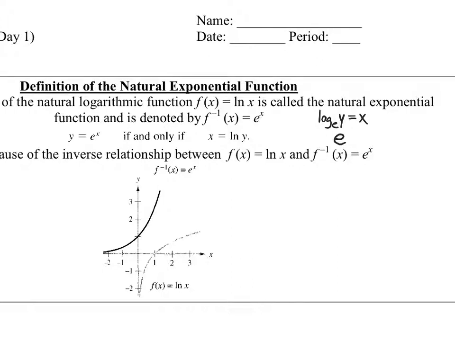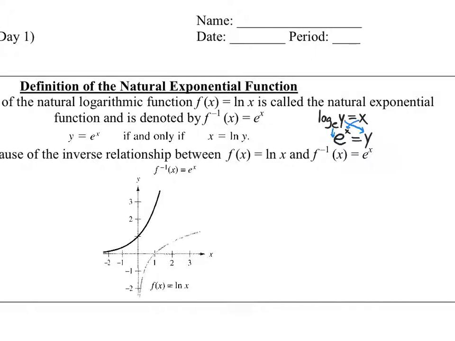Because a logarithm gives us an exponent, what it equals is the exponent of e. And the argument of your logarithm is what that will equal. So the argument becomes what it equals, what it equals becomes the exponent, and the base stays the base. It's just the base of an exponential function instead of the base of a logarithm now. We looked at doing that last year in pre-calc honors.